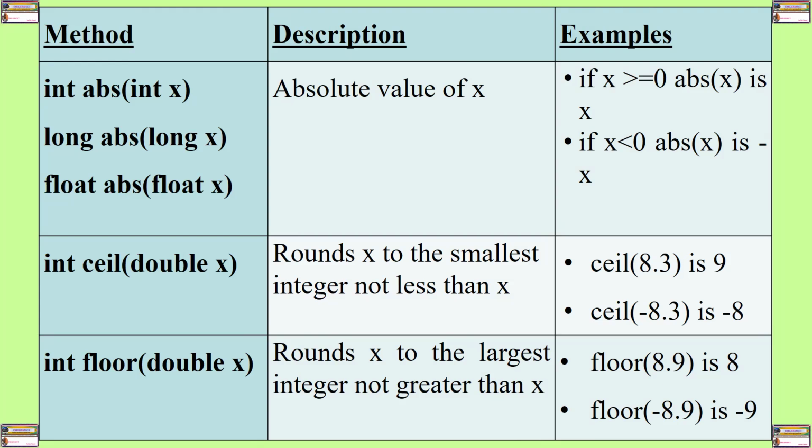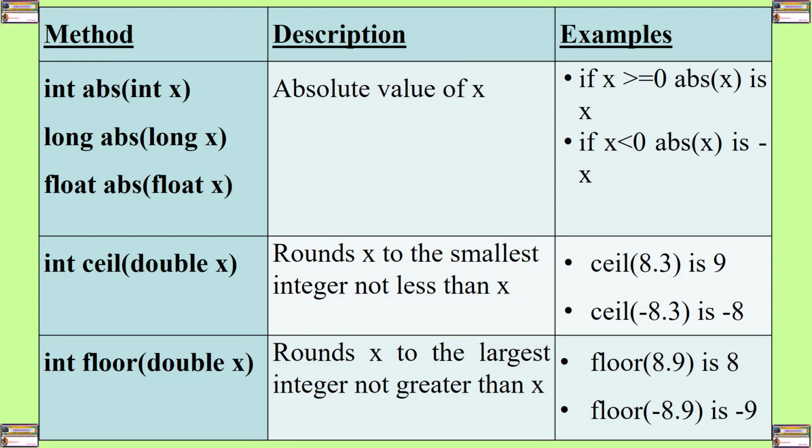Another method is ceil. Whenever you want to round a value to the smallest integer that is not less than that value, then we use the method ceil. We can write it as int ceil(double x).